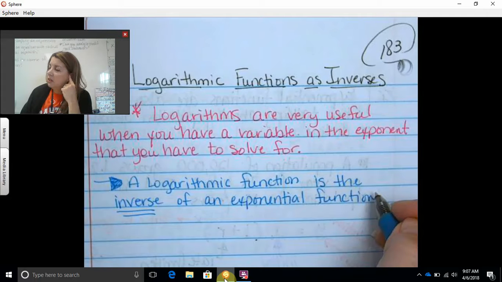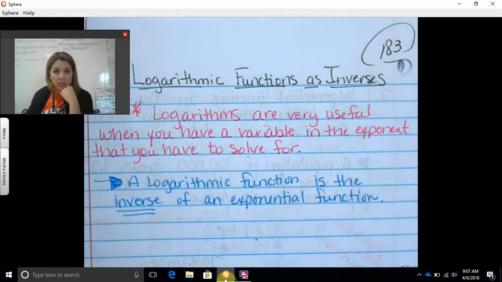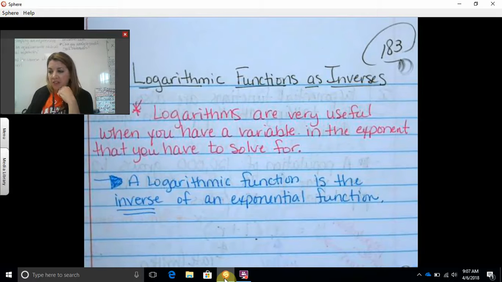So remember we learned about inverses the other day. When you're talking about ordered pairs, it just flip-flops the x and y. That's what inverse is, right? When you're talking about equations and you want to find the inverse, you just flip-flop the x and the y.